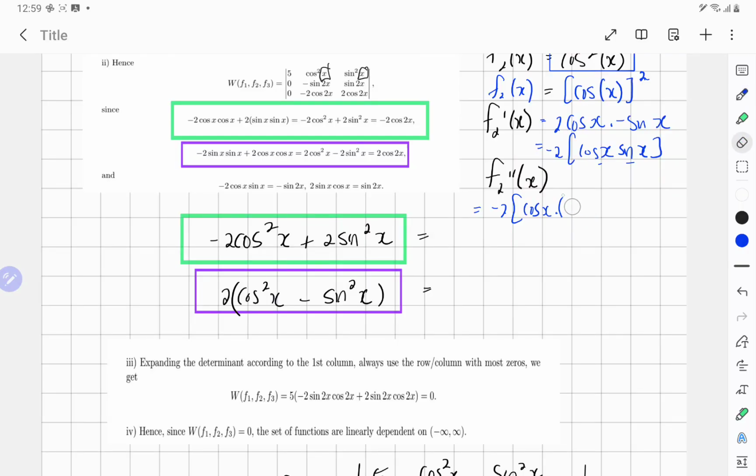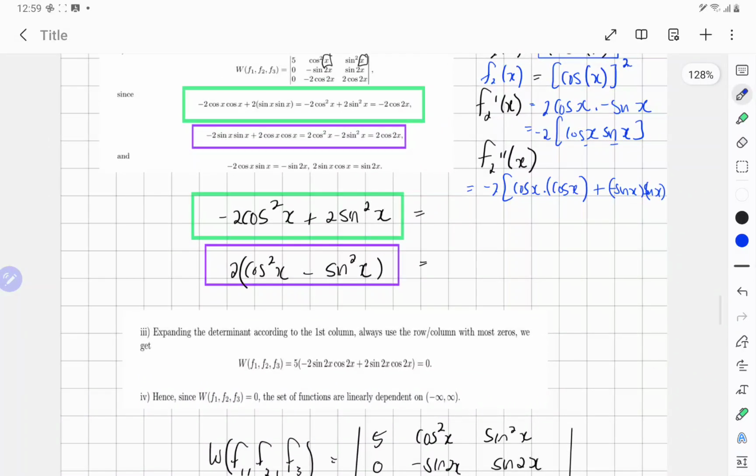I made a mistake there. Derivative of sine is cos x. Then plus derivative of cos is negative sine x and sine x as it is. You should be all familiar with that because that is just the product rule from school, or from first year.